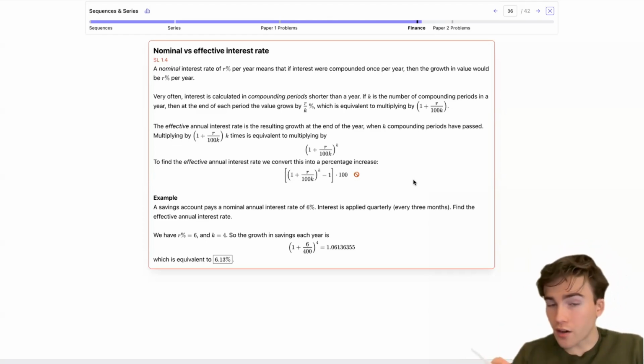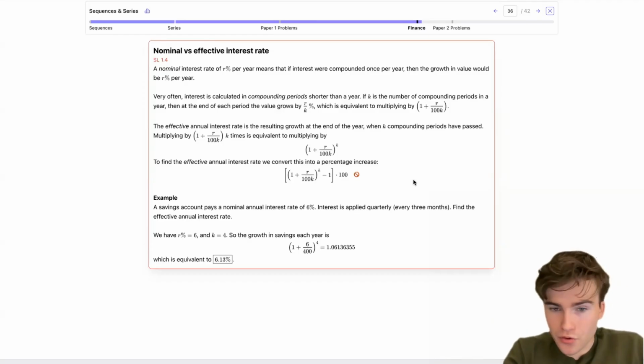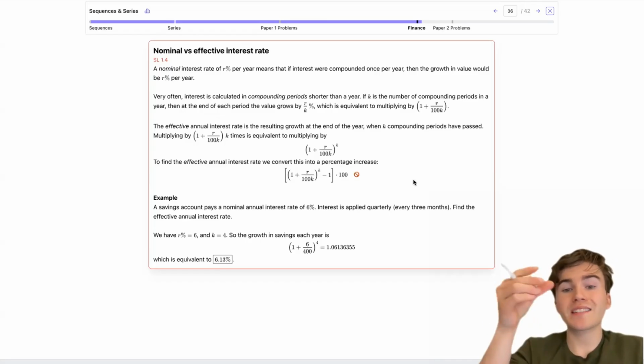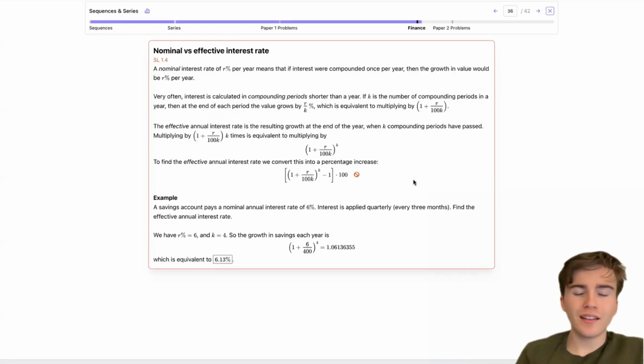I subtract 1 because I remember that I'm trying to figure out the growth in my account, not how much my account has multiplied. So if I started with $100 and I end with $150, I only care about the 50% that my account has increased, right? So 50 from 100 is 50%. It's not super relevant in the context of the interest rate what my value actually ended at.